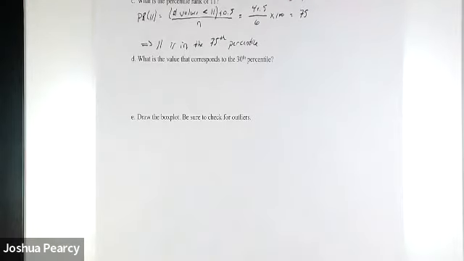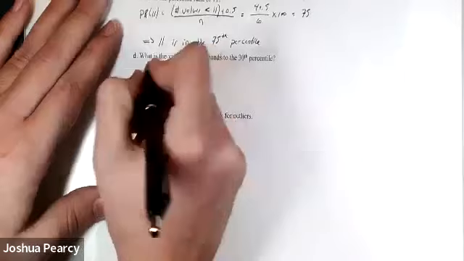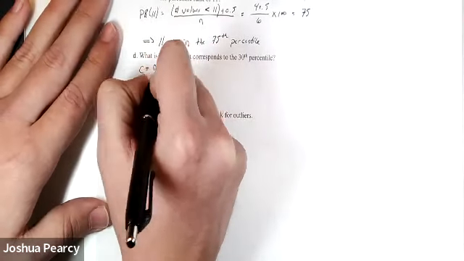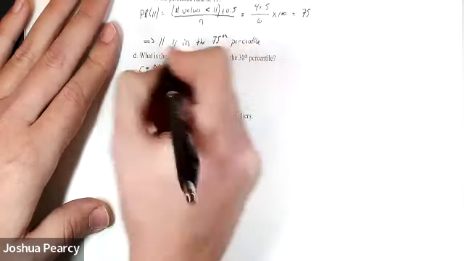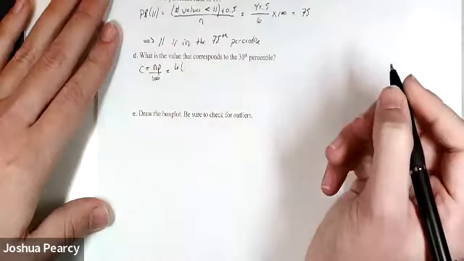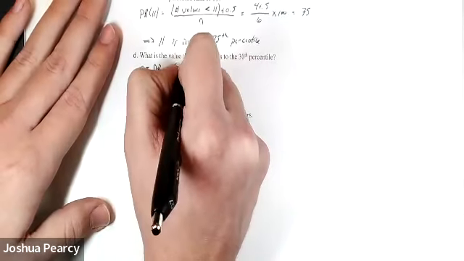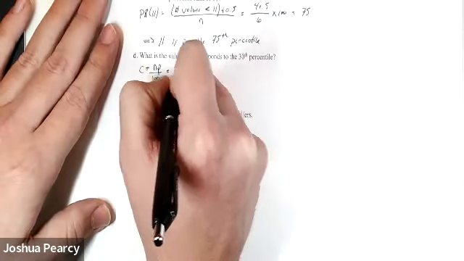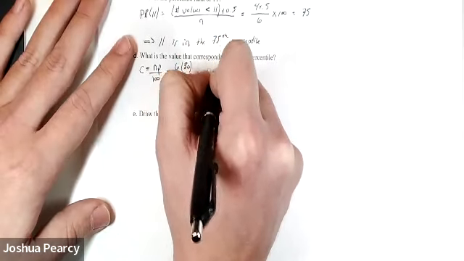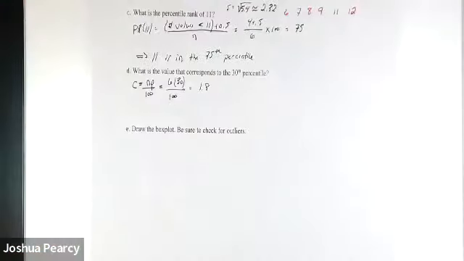So then the next one, what is the value corresponding to the 30th percentile? To do this, use C equals NP over 100. N is 6, P is 30. Divide that by 100, you get 1.8. We said if C is a decimal, round up to the next whole number.